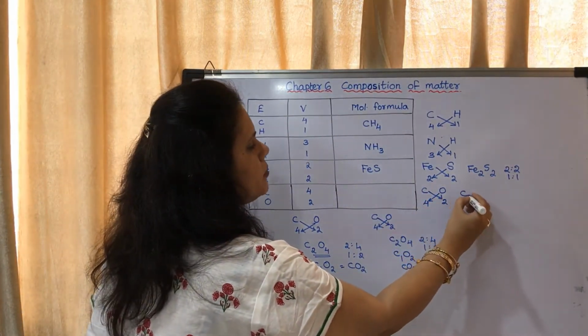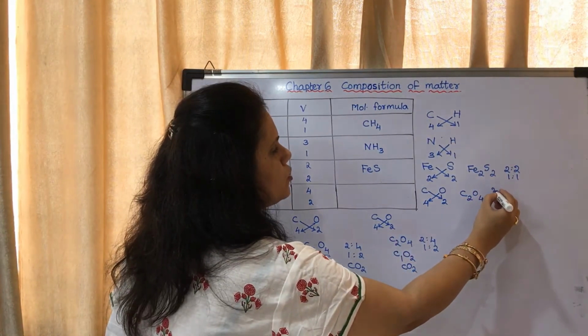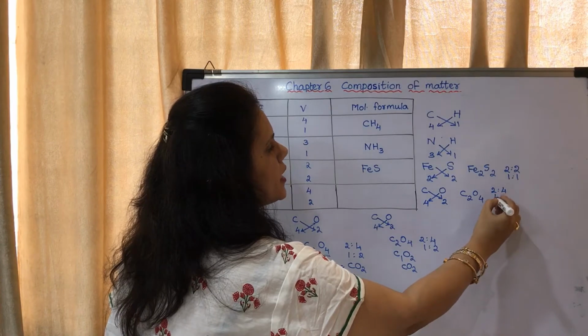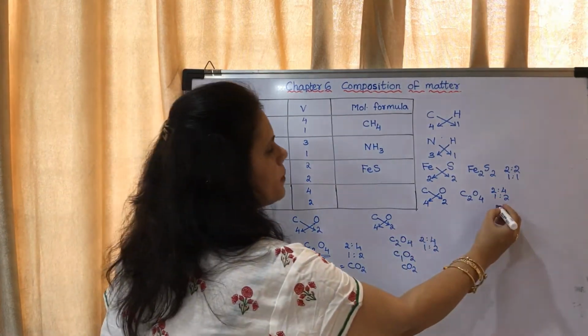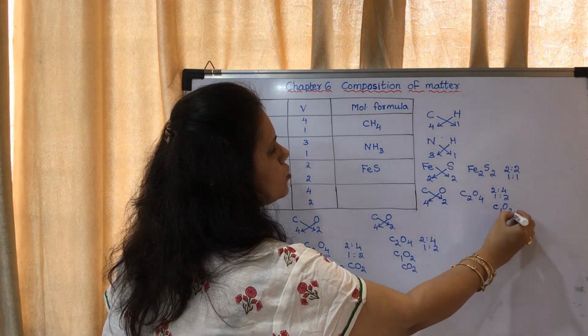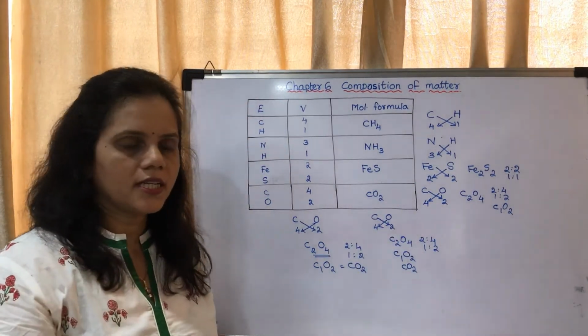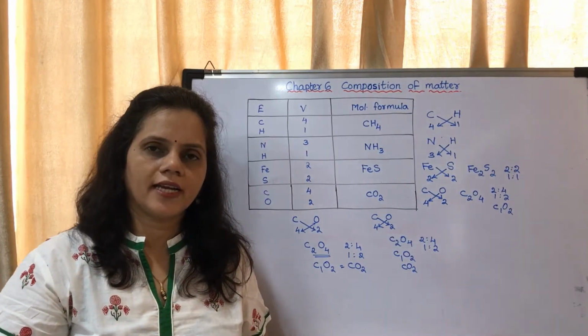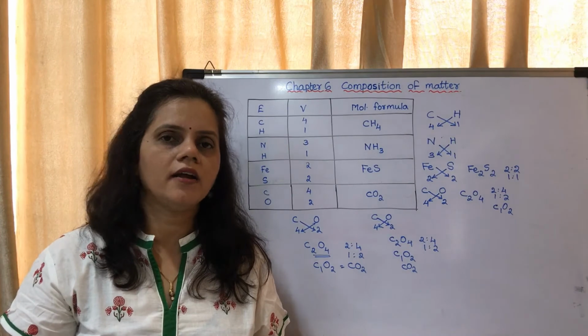So it will become C2O4. So the ratio here is 2:4. I can reduce it to 1:2. So it will become C1O2, that is the same as CO2. Okay. This is how you write the valencies and how you write the molecular formulas.